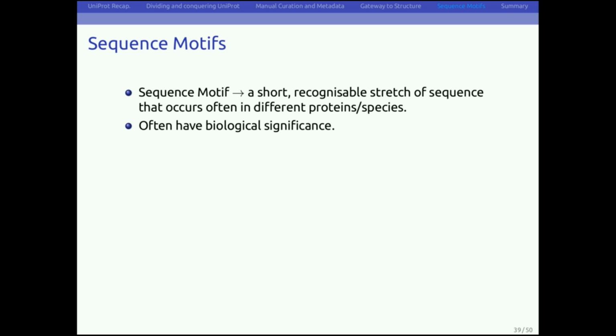Now, this is something you want to keep in mind whenever we talk about conservation of sequences or structure. It's not just by random chance that this happens. I mean, yes, evolution and random mutations do end up leading to unique sequences and structures. But evolution is very good at removing sequences and structures that do not help the species survive. So chances are, if you have sequence motifs that are common today, that are evolutionarily conserved, they must have a biological significance.